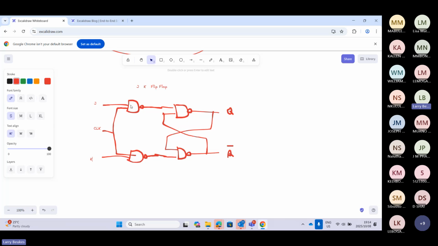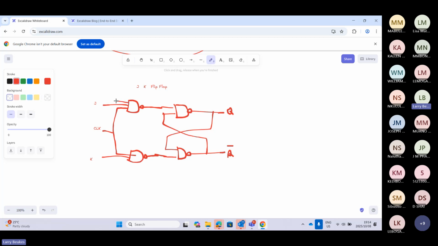So we need to take this input here, bring it all the way down here, right? And similarly, this one here, we're going to bring it to here. So let's do that. Let me just extend this.